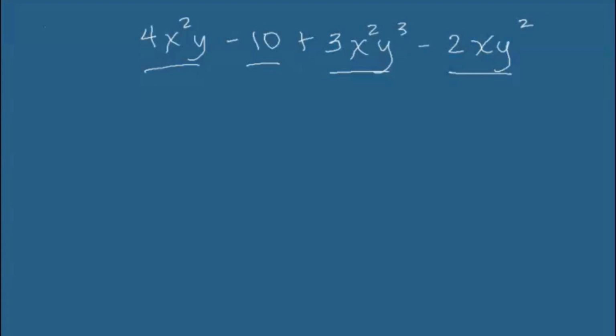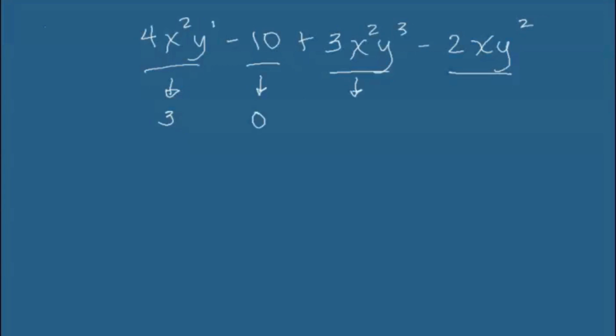And to find the degree of a polynomial with 2 variables, we need to add the exponents of those 2 variables. So in this case, the exponent of x is 2 and the exponent of y is 1, so the degree of this term is 3. For the constant 10, the degree is 0.